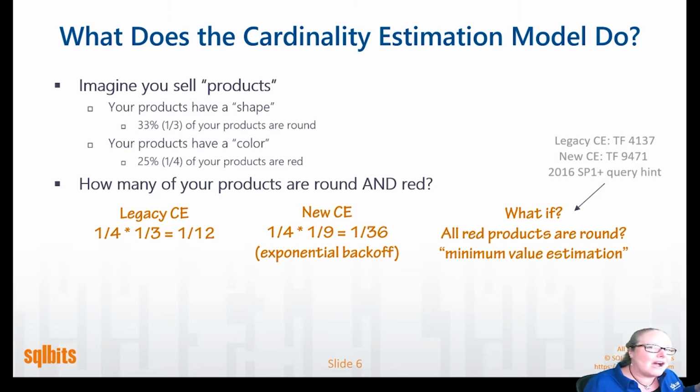But for right now, I'm just kind of bringing up the fact that the CE affects how they come up with their estimates. But remember, what goes into even these estimates are the statistics against the individual shapes and colors, for example. So if those are bad, then everything else is bad as well. So we kind of have a series of things we want to check on. Like, are our stats good? Do we have enough of them? Are they up to date?